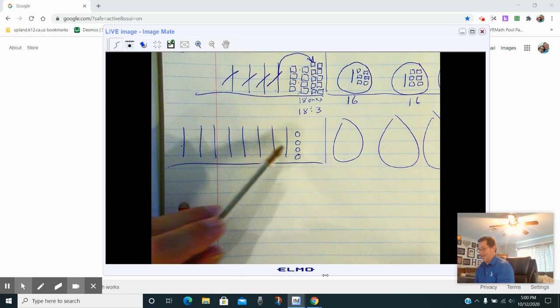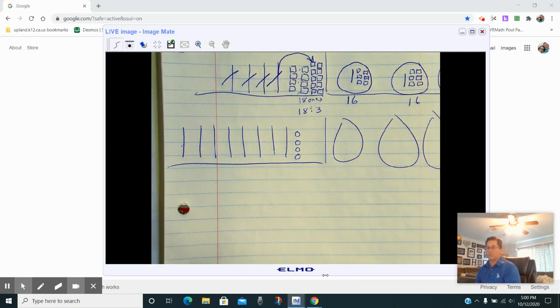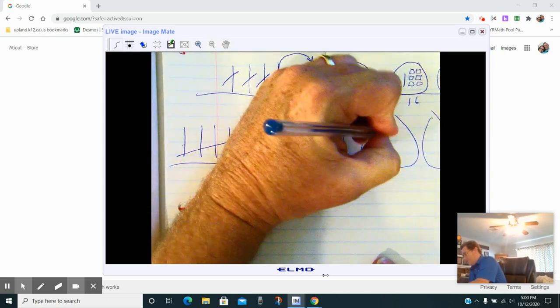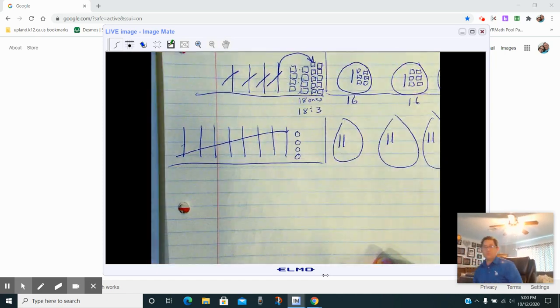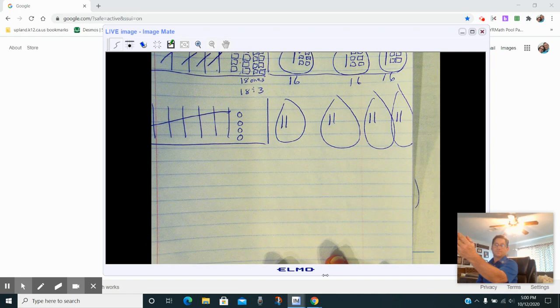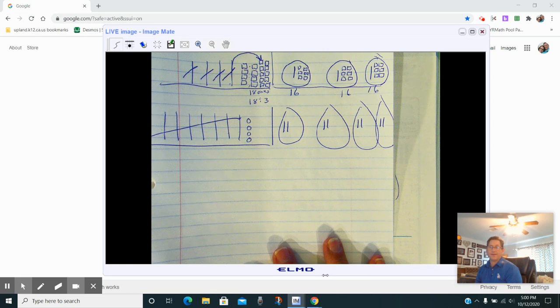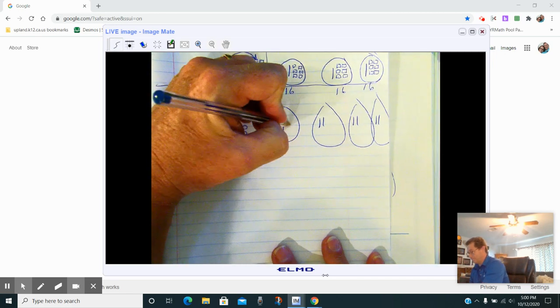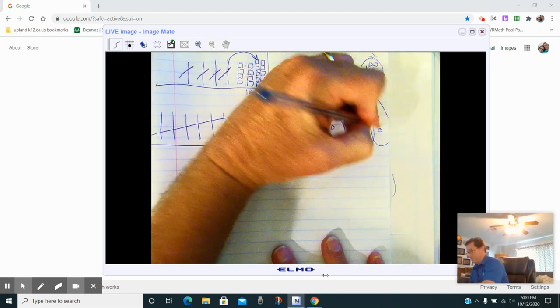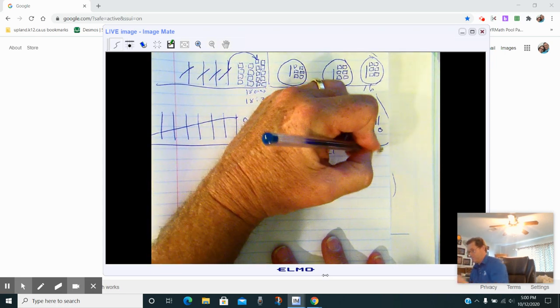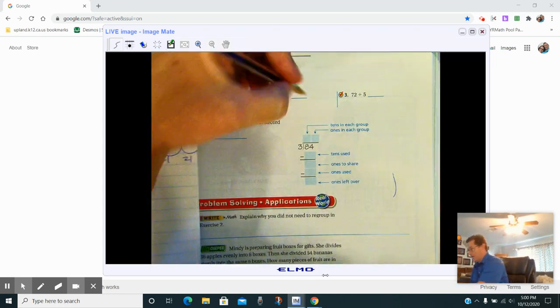So I'm going to take all 8 of those. I'm going to put 2 10s in each group. Okay. So I used all of our 8 10s already. There's no 10s left over, so there's no need to regroup. And I have 4 1s. Well, I'm going to put 1 1 in each group. So 10, 20, 21, 21, 21. I have 21 in each group. So 84 divided by 4 is 21.